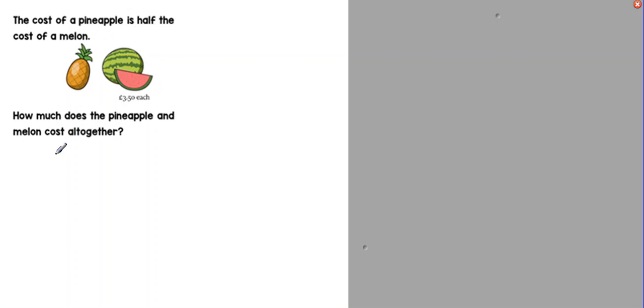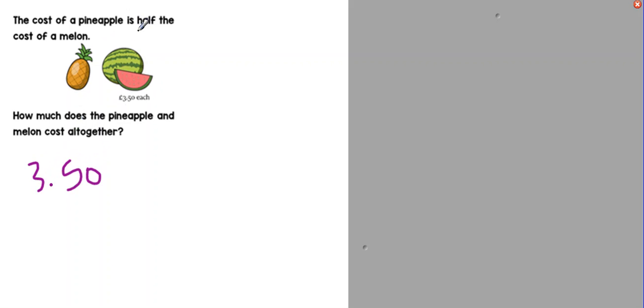Let's move on. Okay, so the cost of a pineapple is half the cost of a melon. How much does the pineapple and the melon cost altogether? So the watermelon is £3.50 each. Okay, so you know the watermelon is £3.50.